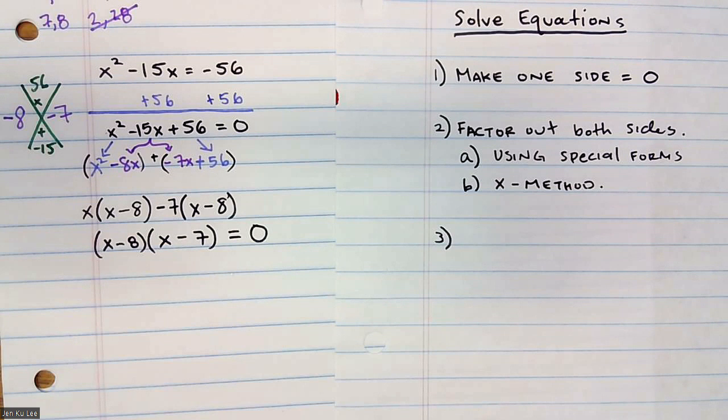Give me two numbers that multiply to 0. 2 times 0, what else? 4 times 0, what else? 6 times 0, what else? 8 times 0, what else?